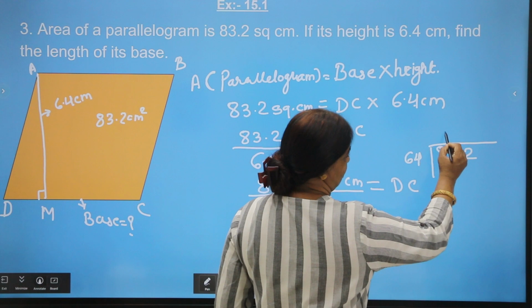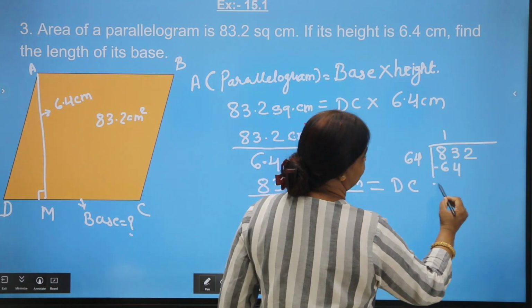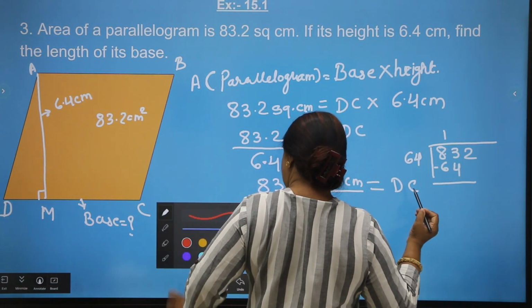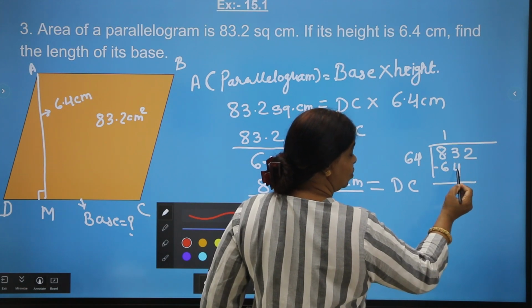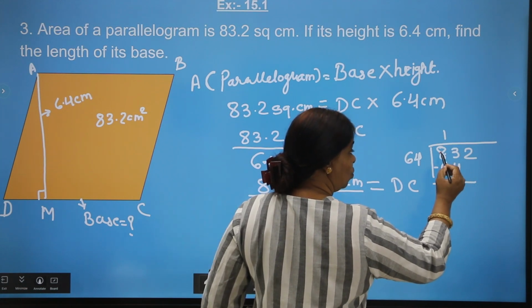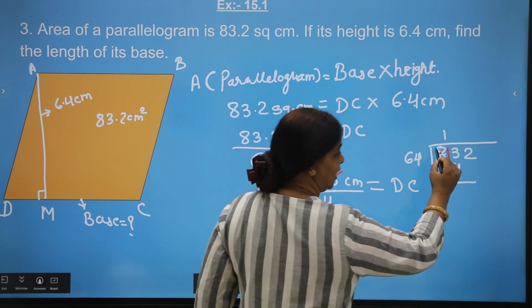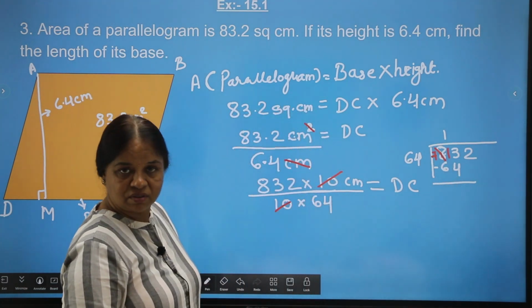64 1 time minus, there is 3 here which is smaller than 4. So I will borrow 1 from here. It will be 13. 1 taken and here remains 7. Okay. This is how you do in the school.